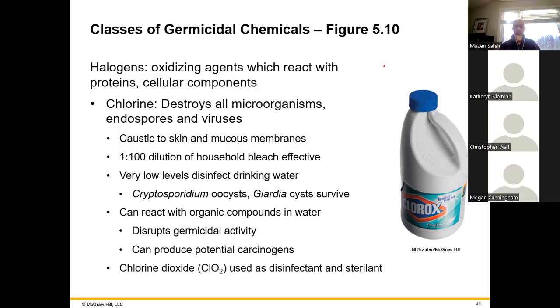It can produce potential carcinogens, depending on which organic material is present and which chemical reactions are catalyzed. Some of these products can be carcinogenic. Chlorine dioxide is used as a disinfectant and sterilant, in the form of a gas. It's quite effective, in fact, as an oxidizing agent.